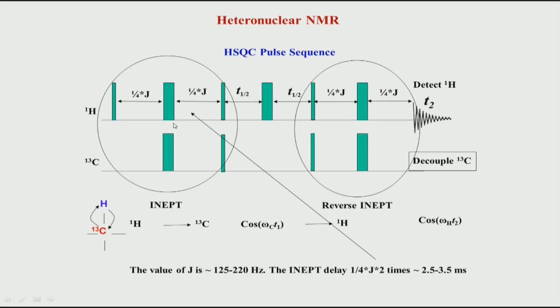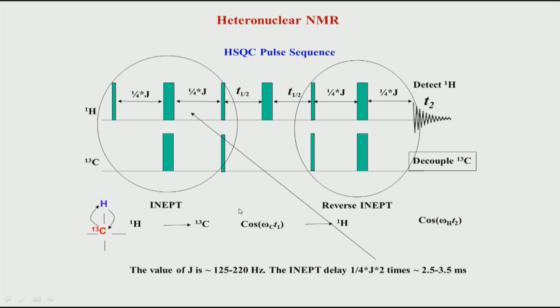Now, this is just a little bit of technical detail, which is the value of this delay period. This delay period, as it is shown here, is 1 over 4 times J, and this is also 1 over 4 times J. So, the total period from this pulse to this pulse is going to be 1 over 2 times J, double of each period here.